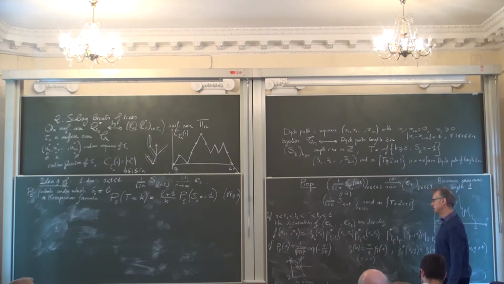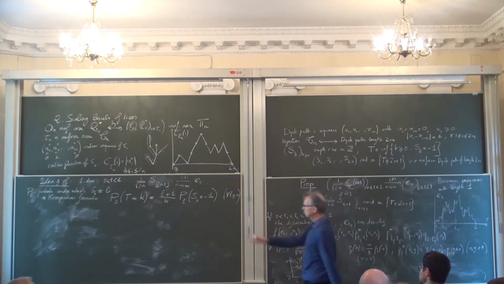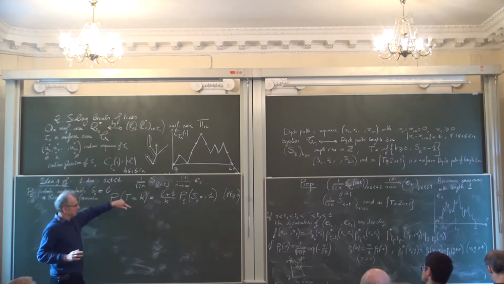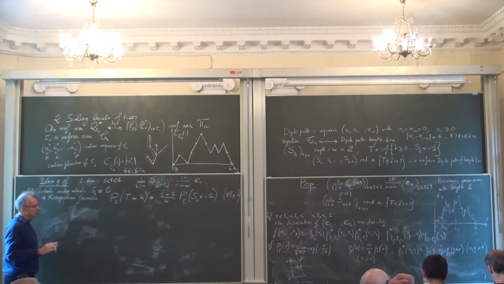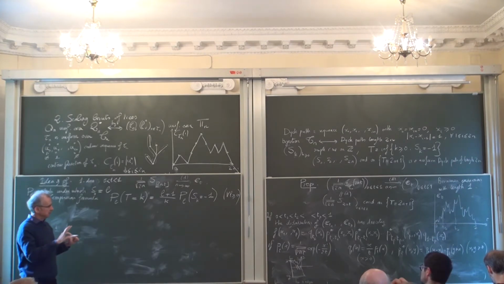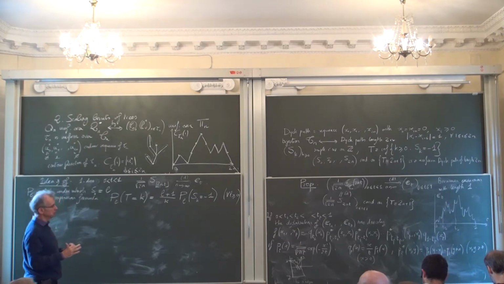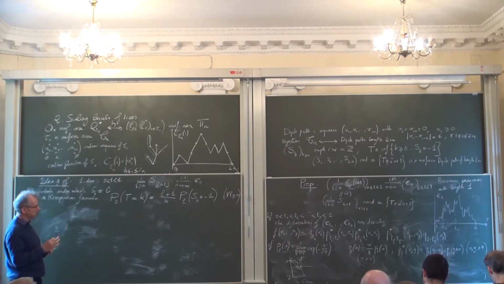I don't know if you've seen this formula. It's a very useful formula. In fact, it works in a more general setting for random walks which have negative jumps only of size -1, which holds here, of course, but it could be applied to more general random walks.